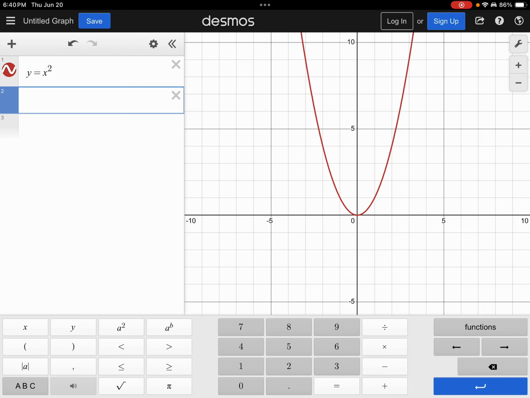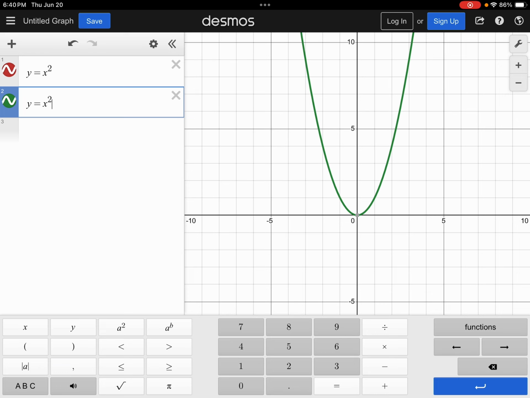Now, what happens if we add a 1 to the original equation? What would happen to the parabola if the equation was y equals x squared plus 1? Well, let's do it, y equals x squared. I encourage you to pause the video and think about what would happen.